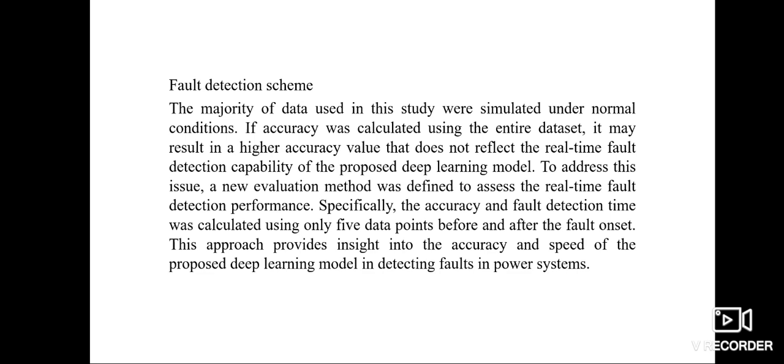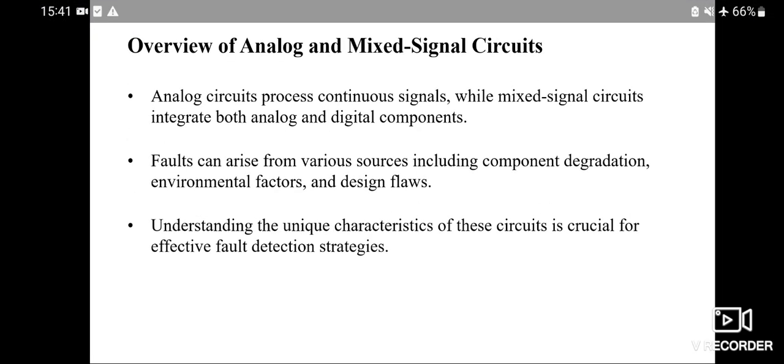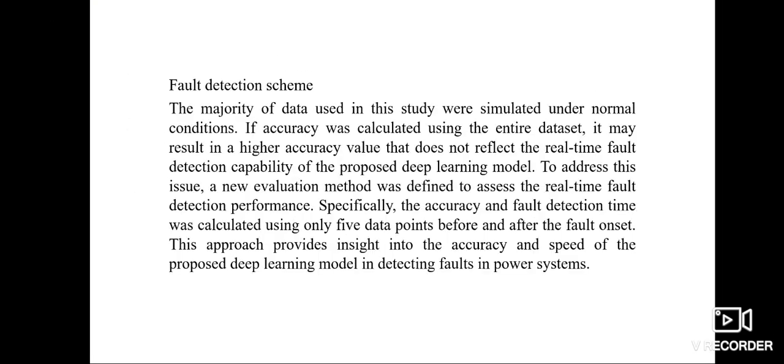Fault detection scheme. The majority of data used in this study were simulated under normal conditions. If accuracy was calculated over the entire data set, it may result in a higher accuracy value that does not reflect the real-time fault detection capability of the proposed deep learning model.